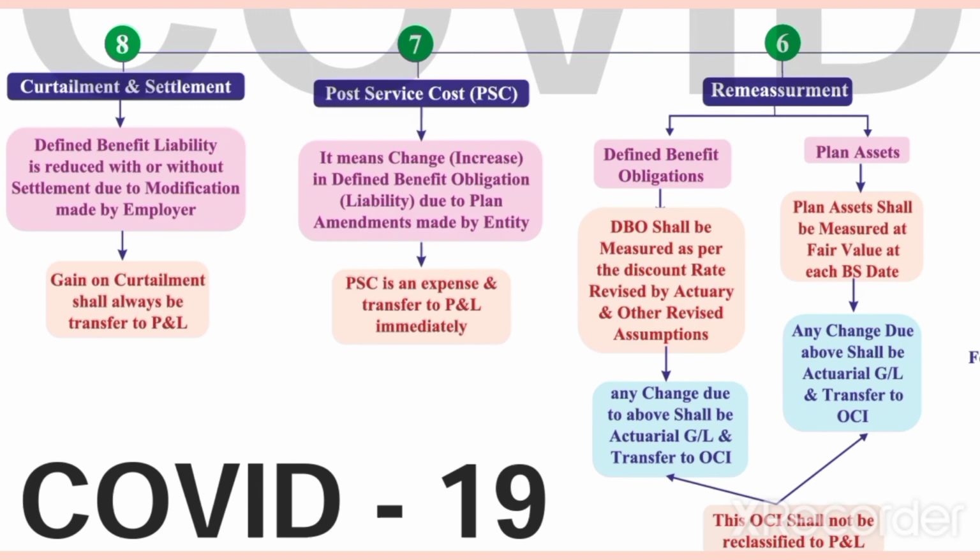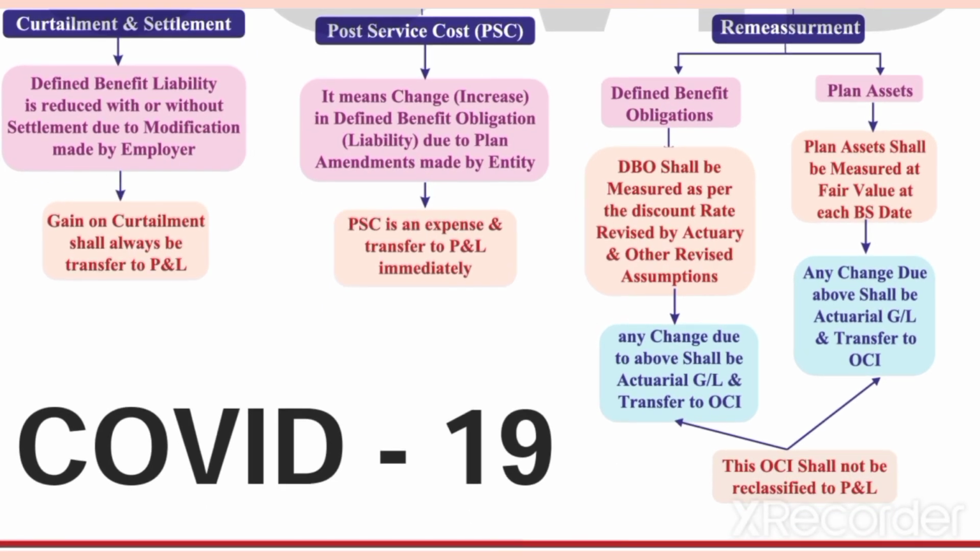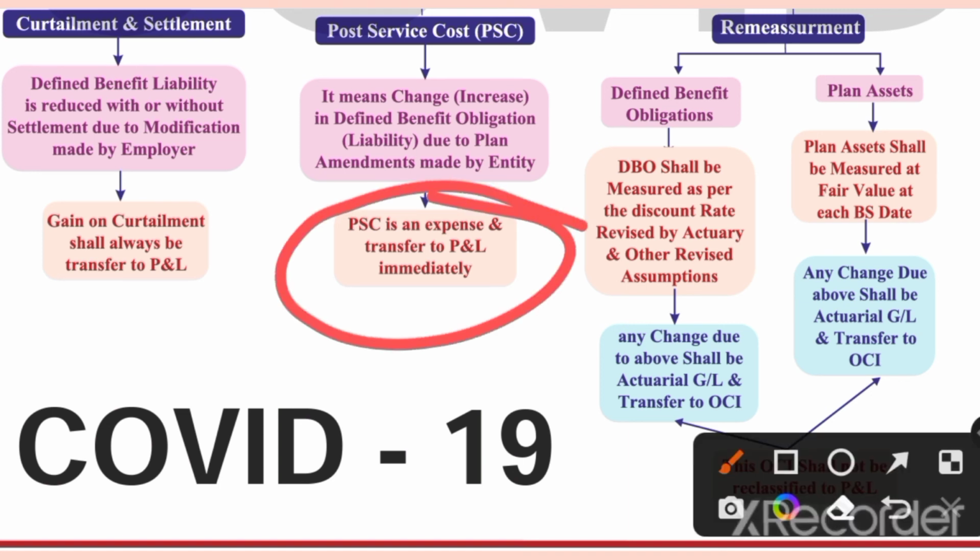It means the change in the defined benefit obligation due to the plan amendments made by the entity. Past service cost is an expense and transferred to the P&L immediately. We treat this as an expense and transfer it to the P&L immediately.